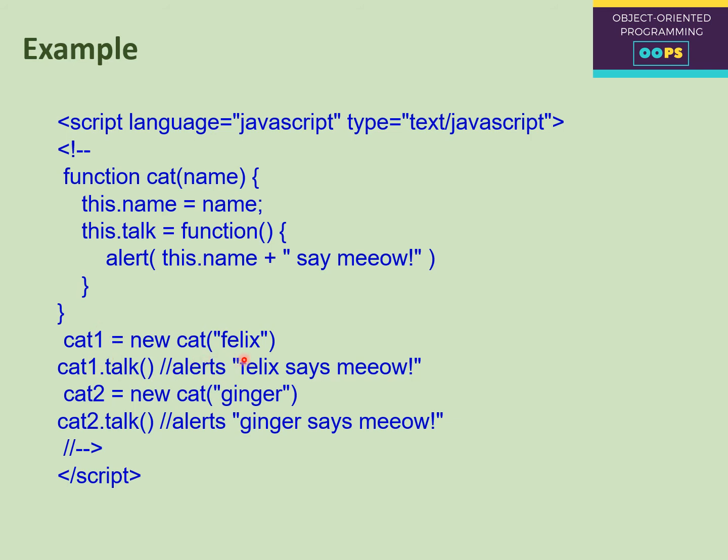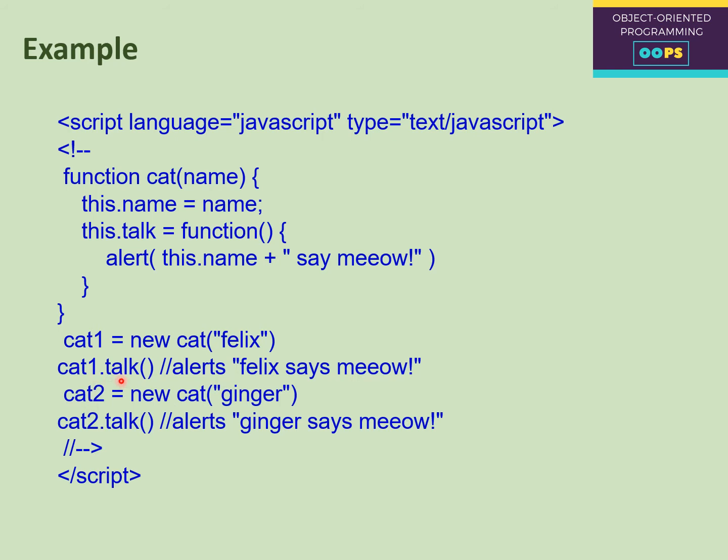Then after that, cat1 is equal to new cat of Felix. So cat1 means it is creating a new cat Felix. Felix will be allocated to name, so for this cat1 variable, name has the value Felix.